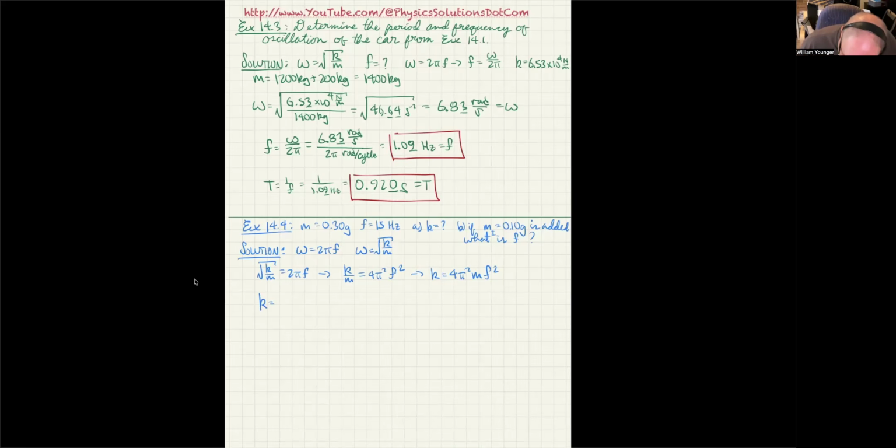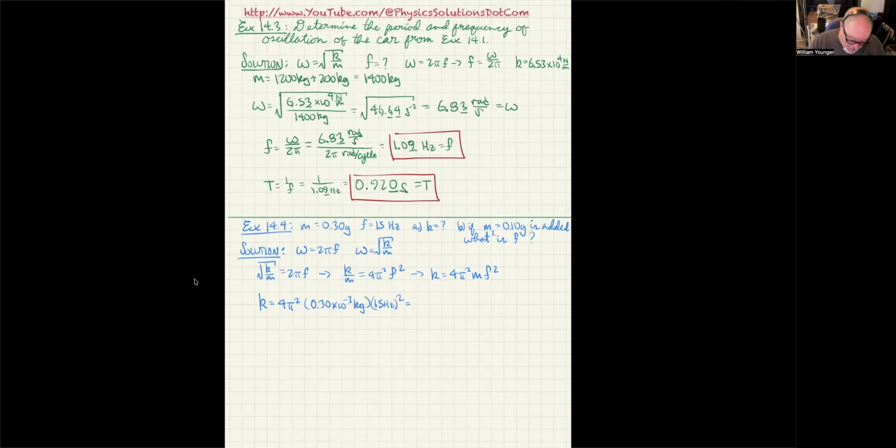The spring constant for this is evidently going to be 4 pi squared times the m. Now in this case, it's just the mass of the spider in it, and that's 0.30. I need to use it in kilograms, so I'm going to say times 10 to the negative third kilograms, because a gram is 10 to the negative third kilograms. And then that, well, that and the 4, is the only thing that's not squared. And then the frequency is 15 hertz, but that's going to be squared.